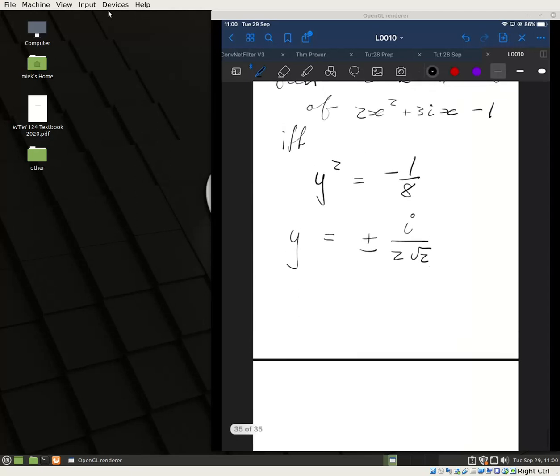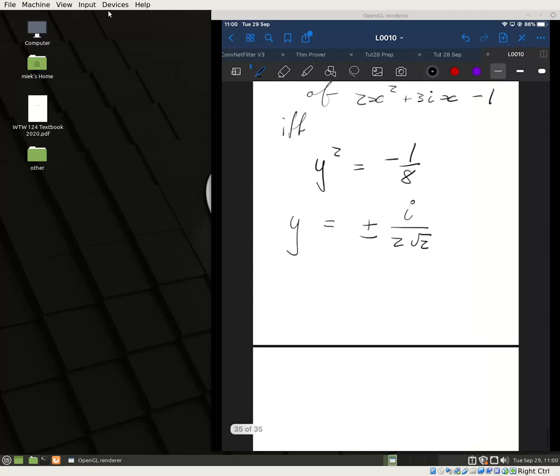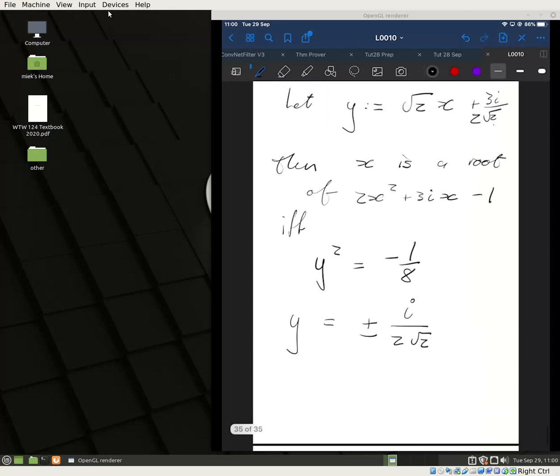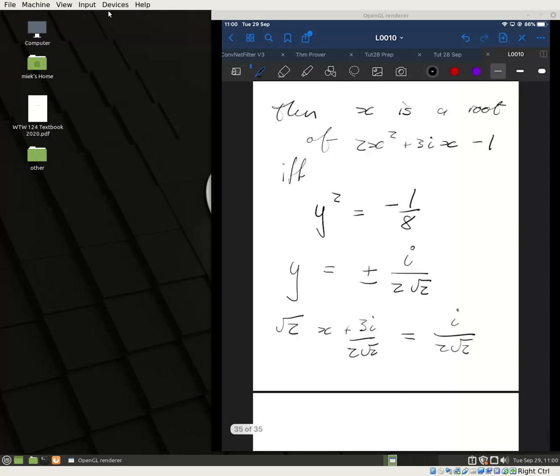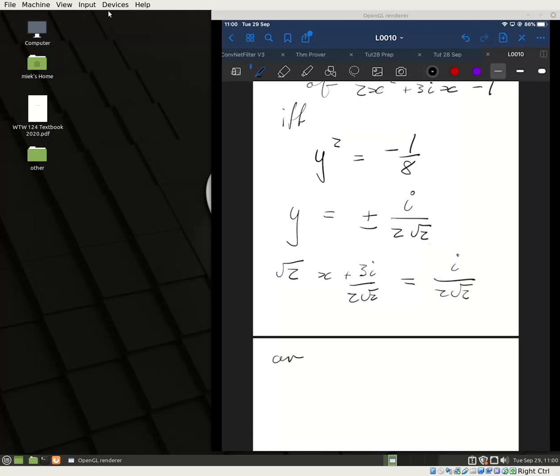And now we can solve for x. So now we plug in again what y is: square root 2 x plus 3i over 2 square root 2 is equal to I over 2 square root 2, or square root 2 x plus 3i over 2 square root 2 is equal to minus I over 2 square root 2.